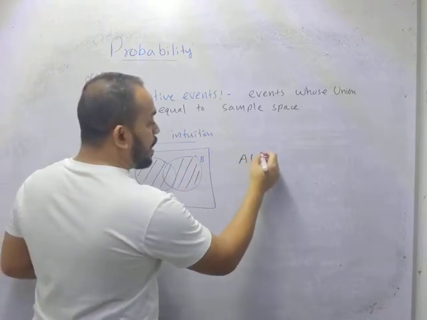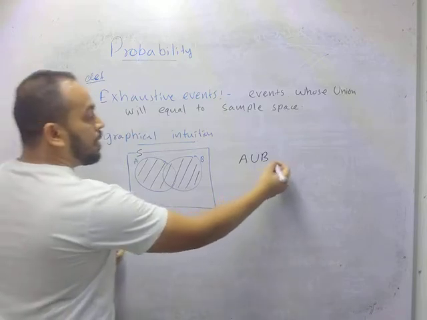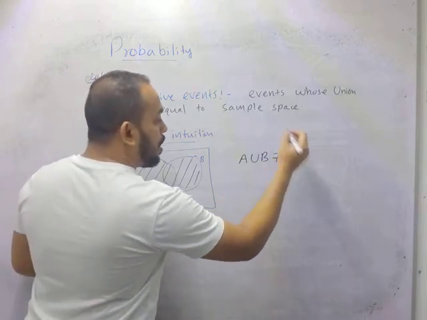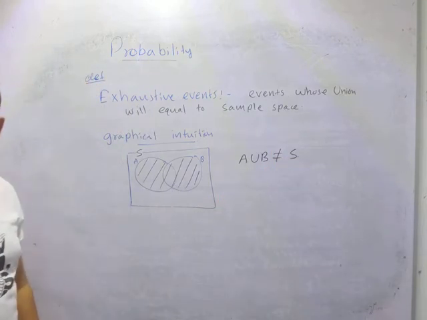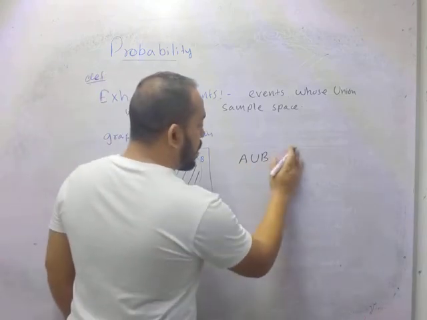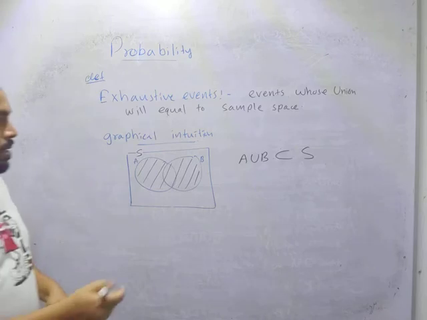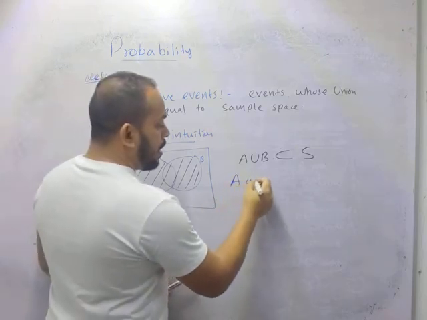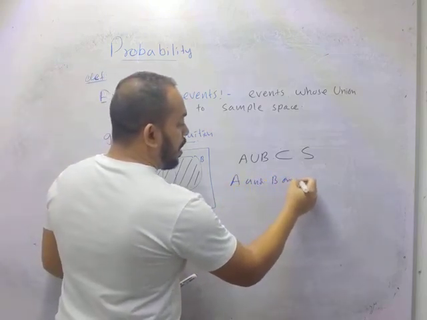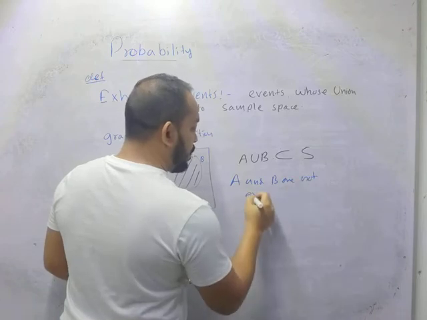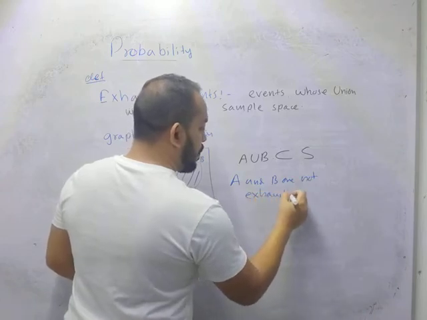So in this case, A union B is not equal to the sample space, right? So you can say this is a subset of the sample space. If that is the case, A and B are not exhaustive events.